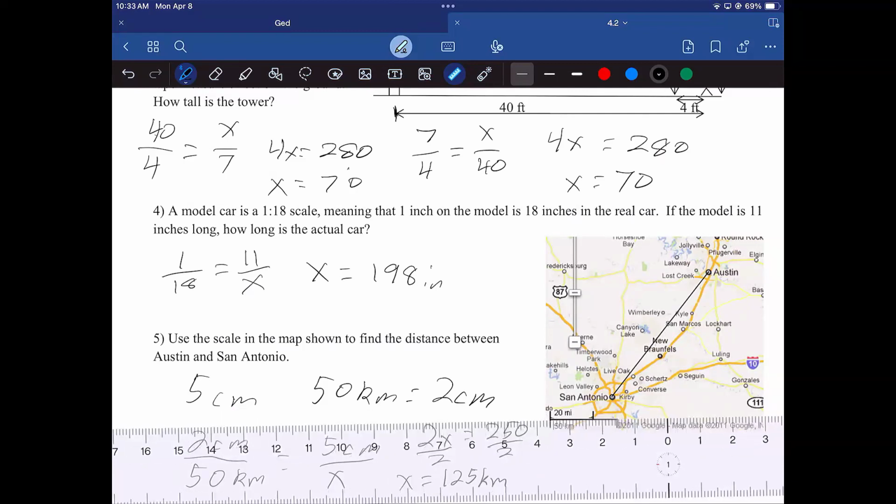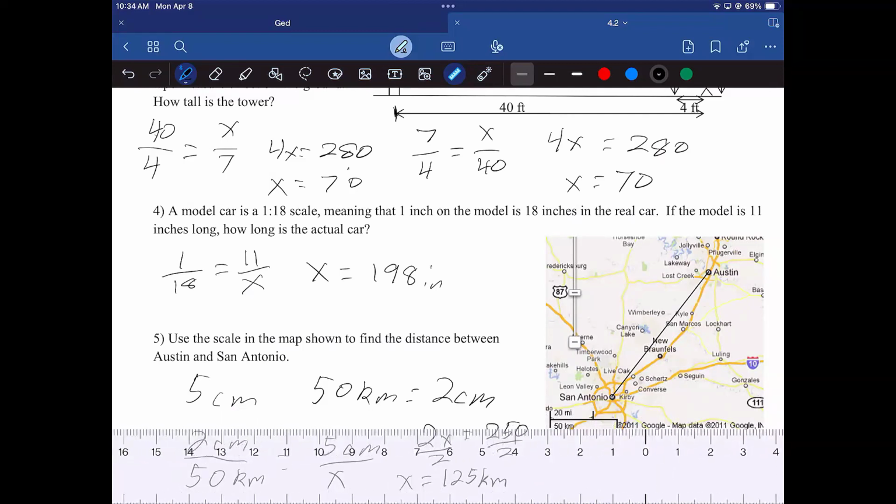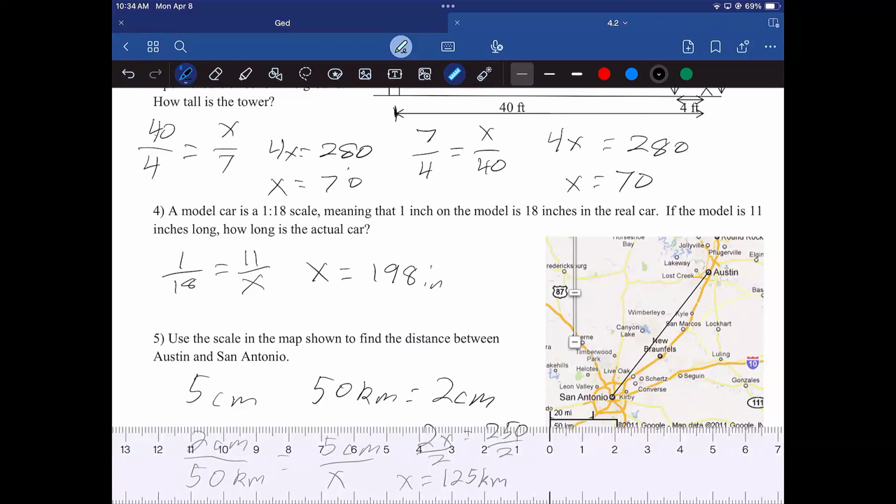So my first step was to write down their legend and say, okay, well, what is this distance here? And I said, okay, it's 2 whole centimeters right here. And 2 centimeters is to 50 kilometers.